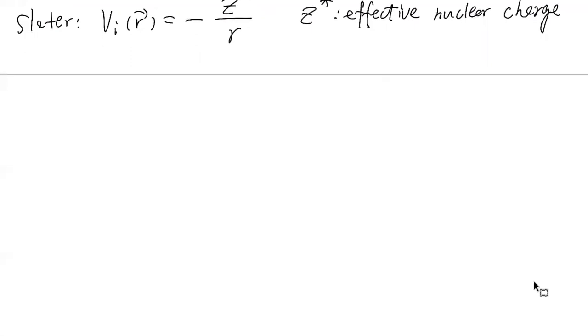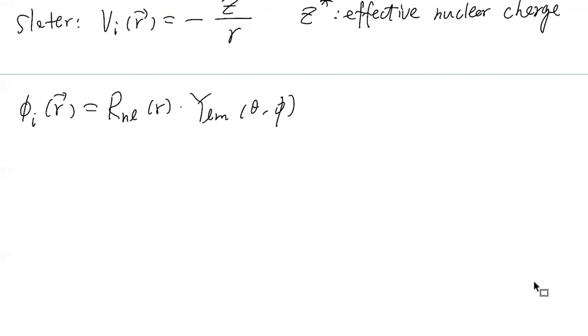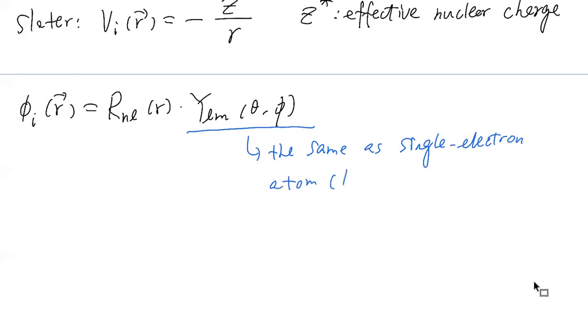All right. So for a multi-electron atom, under this Hartree approximation, by using this Hartree product, phi i of r can be written as the radial part times, again, the spherical harmonics. The spherical harmonics is exactly the same as the single electron atom, the hydrogenic atoms.